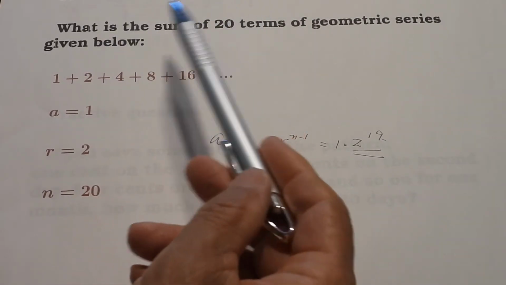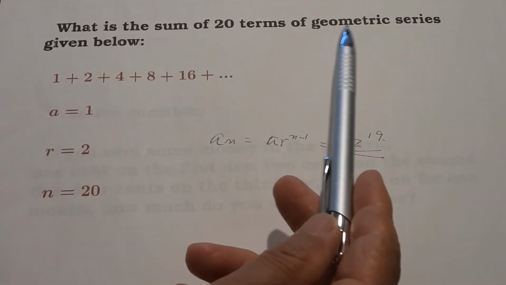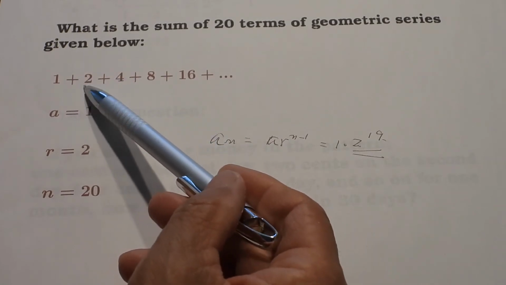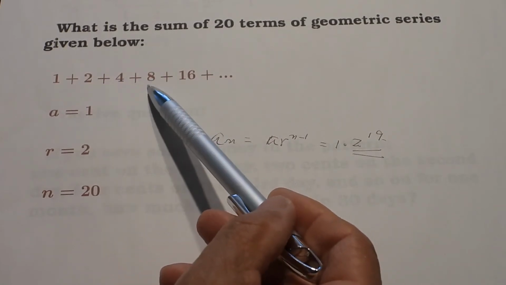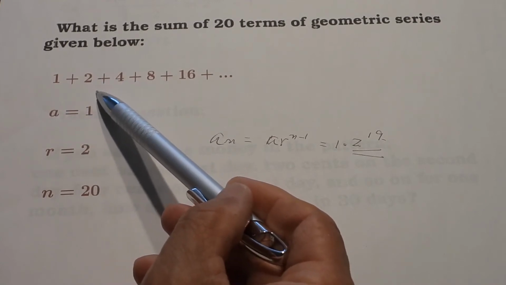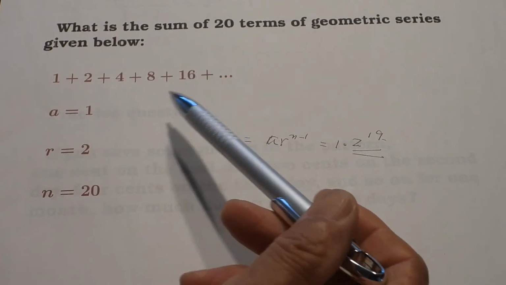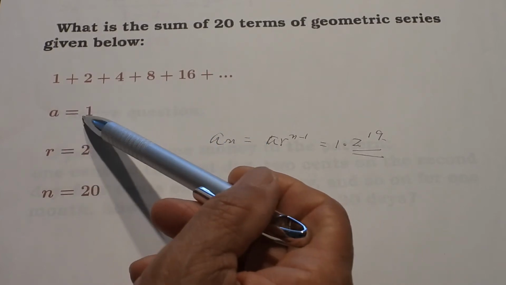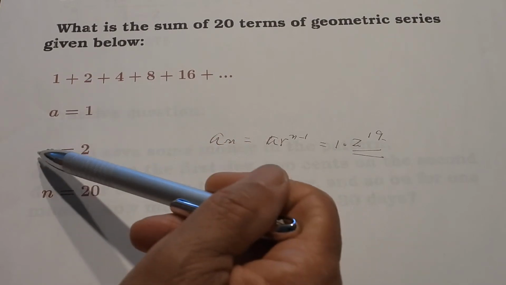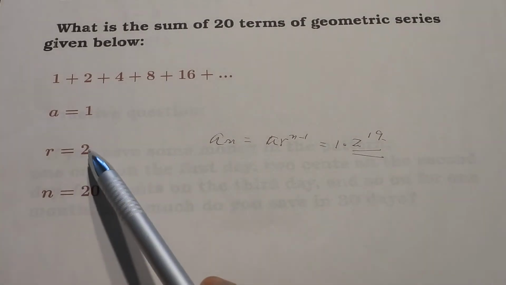Practice with one example. What is the sum of 20 terms of the geometric series given below? 1 plus 2 plus 4 plus 8 plus 16, each times 2, which means the first value is 1, and each time it is multiplied by 2, so the ratio is 2.